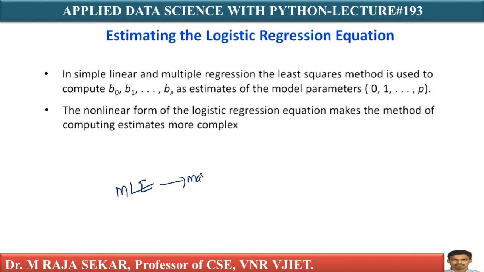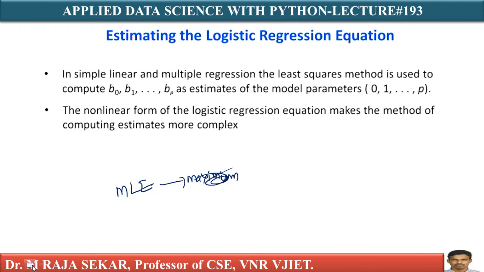In the case of logistic regression, I can say the maximum likelihood estimation method, MLE, is used to predict the population parameters. All software packages follow the concept of maximum likelihood estimation.